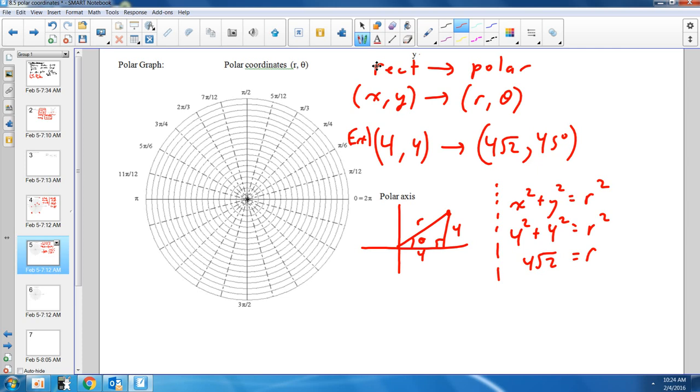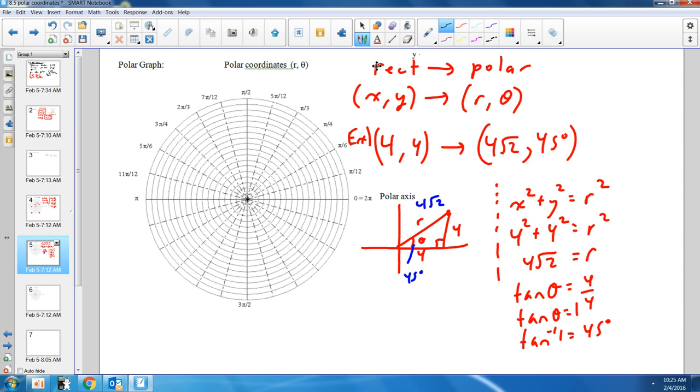And you can also say, well, I know that the tangent of theta is equal to 4 over 4, which means tangent theta equals 1, and I know the inverse tangent of 1 is equal to 45 degrees by looking at my table. This is the work you could do, or the other way is just to see that this is 4 square roots of 2, and then that's going to be 45 degrees. You can see how much work difference there is, and I think a visual is a lot easier to work with than equations. It's up to you on which one you want to choose.